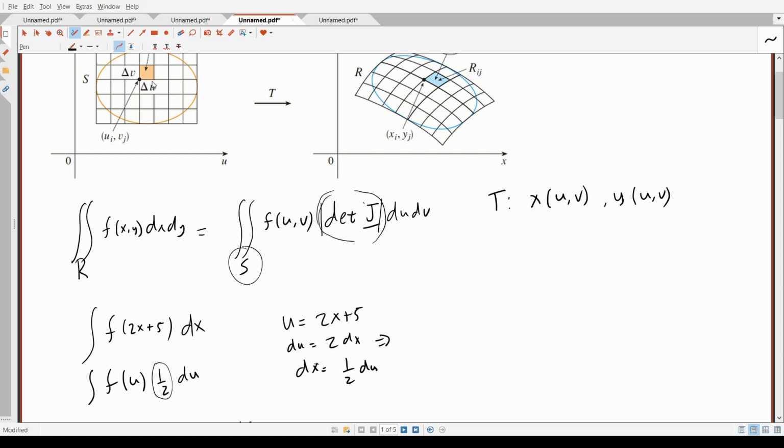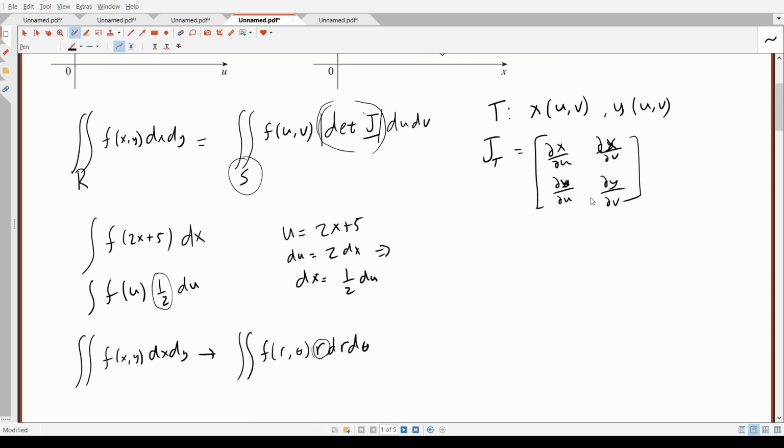So it's transforming from here to here. The Jacobian of this is going to be the matrix dx/du, dx/dv, dy/du, and dy/dv.